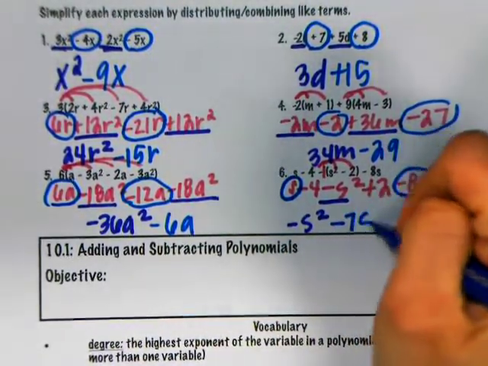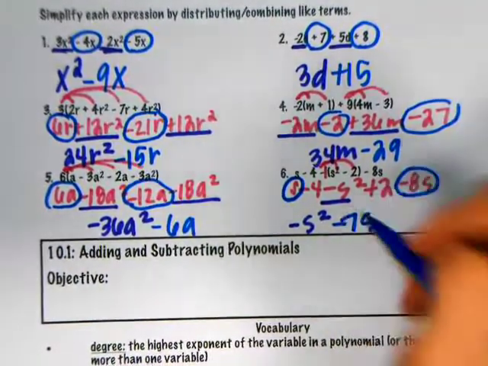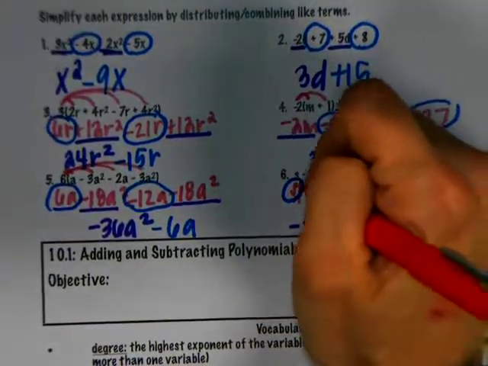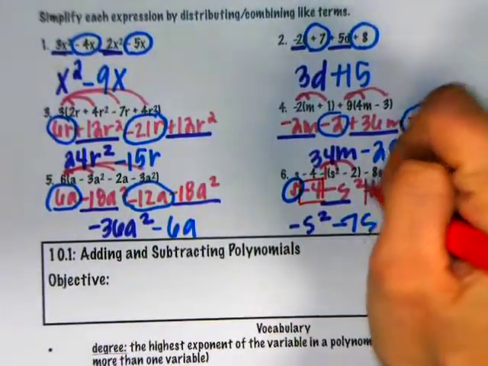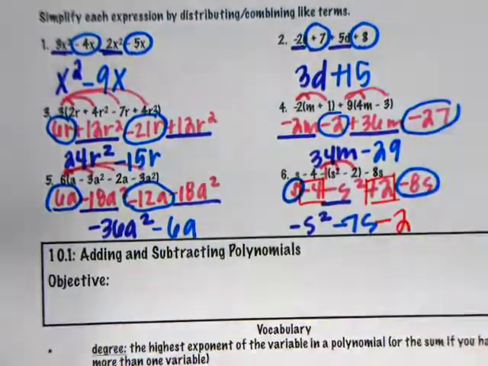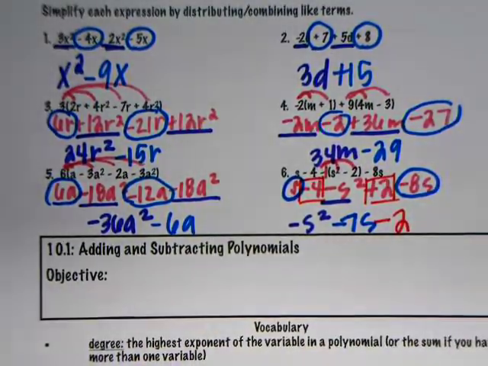Yep, negative 7s. And then I have a -4 and a positive 2. -2. Yep. All right. Are we all clear?